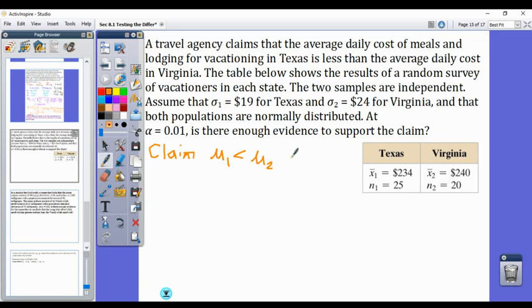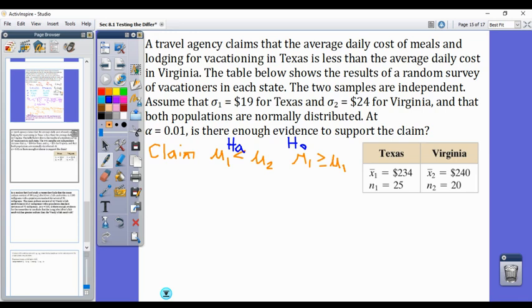So the complement to that is going to be that mu 1 is greater than or equal to mu 2. All right, so our null is here, and our alternative is our claim.